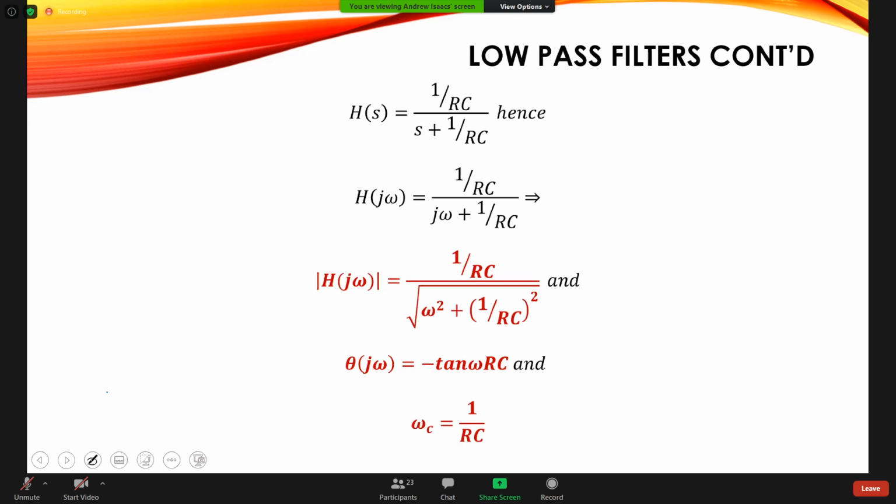Please make the correction because, of course, it's still a low pass filter, so that should remain the same. Yeah. All right.